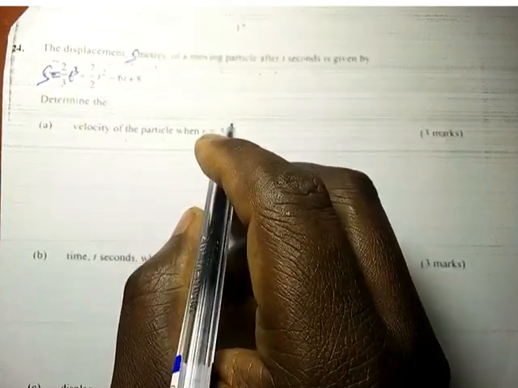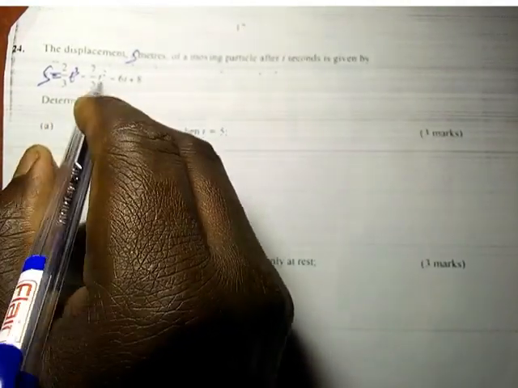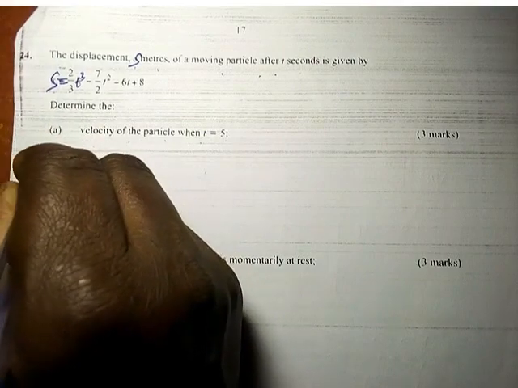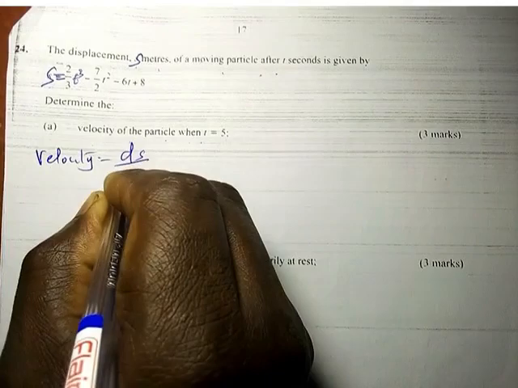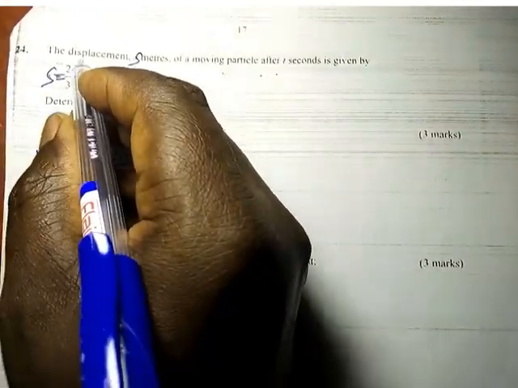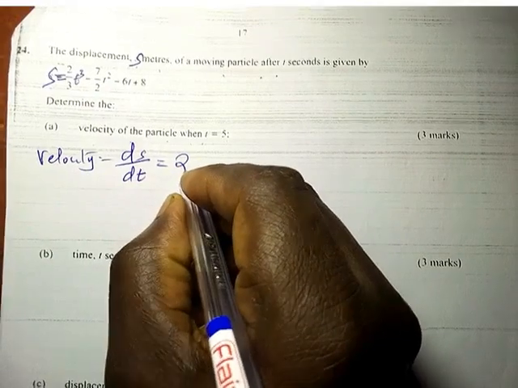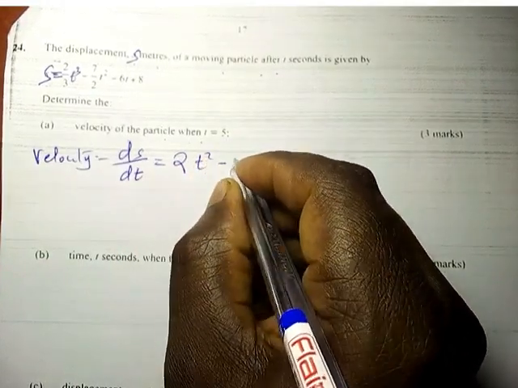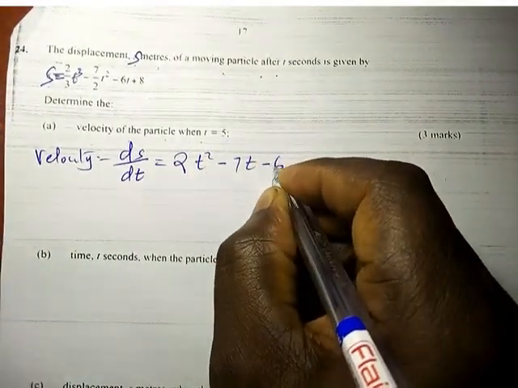So velocity, you differentiate the displacement. So velocity equal to ds over dt. So this one is going to be 2t square minus 7t minus 6.